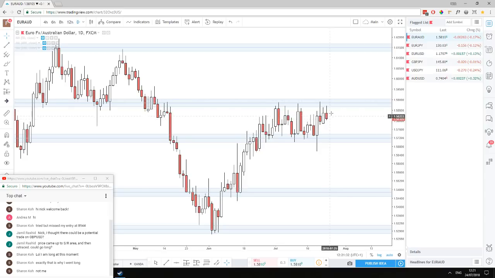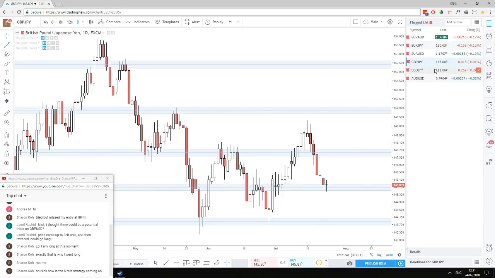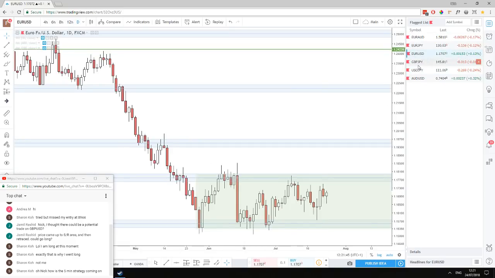EURAUD, I am looking for the same thing, ranges. EURJPY, looking for a potential long trade from the support area. GBPJPY, same thing. USDJPY, same thing. And EURUSD, range-bound trades.